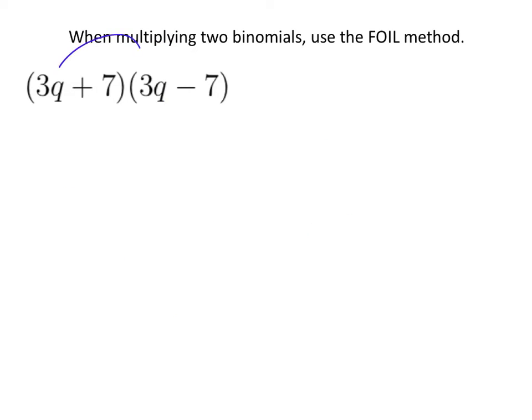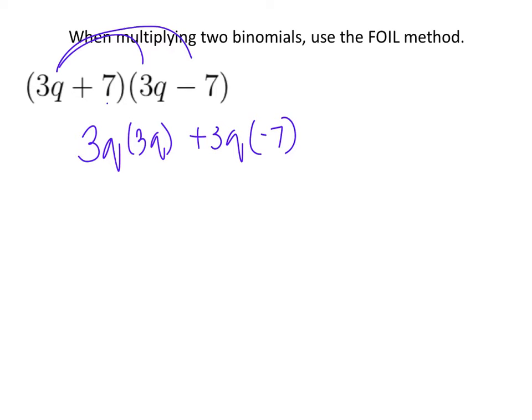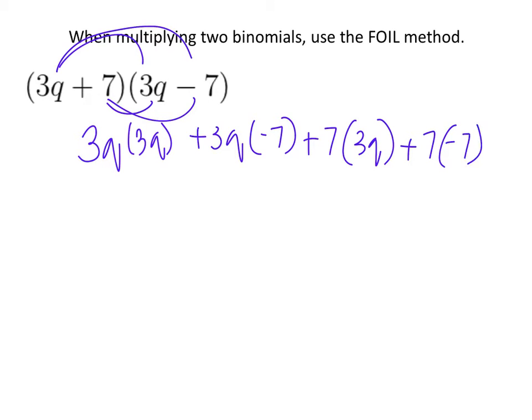Another example, we have 3q times 3q. Outside, plus 3q times negative 7. Inside, plus 7 times 3q. Last, plus 7 times negative 7. 3 times 3 becomes 9.